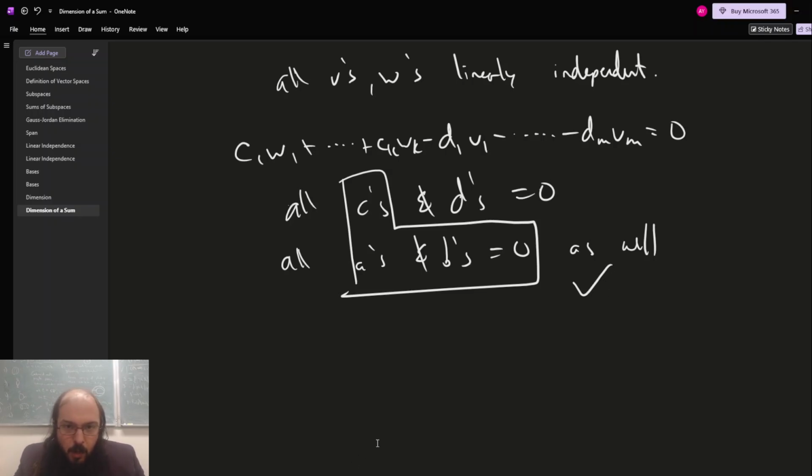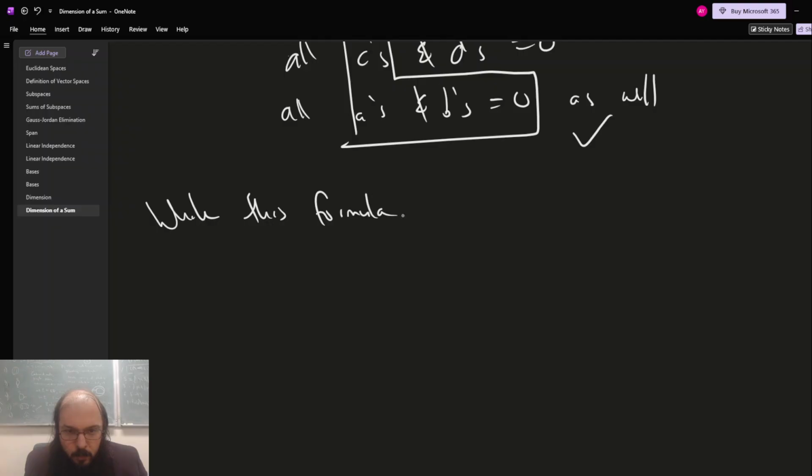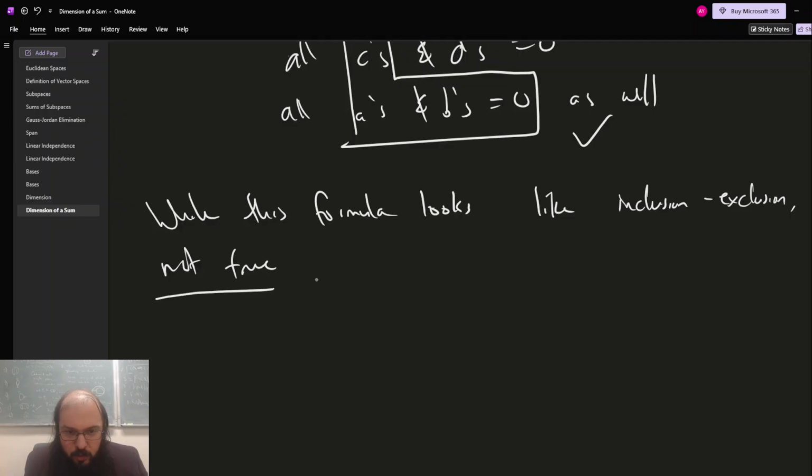Okay, I want to wrap this up, but I want to quickly pause before we conclude to say that while this formula looks like inclusion-exclusion, it's actually not true in general.